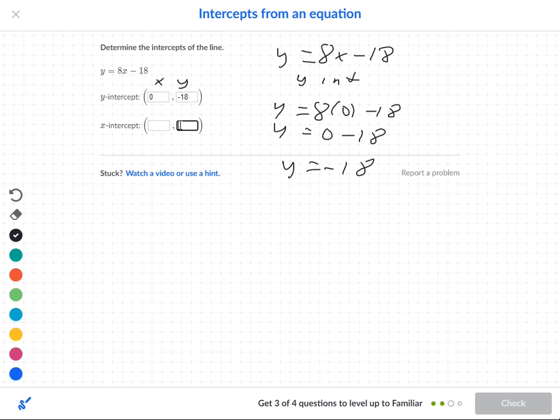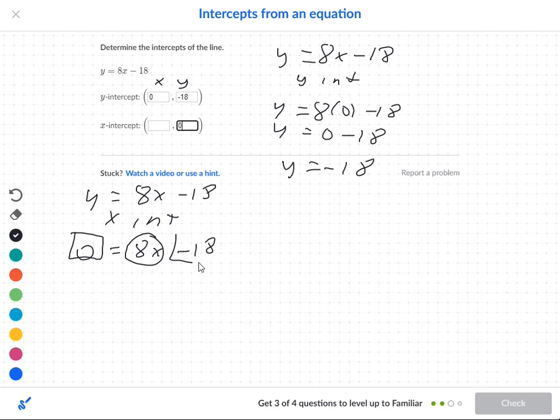Okay, next I want to do my x-intercept. So I'm only talking about the x, so the y itself will become 0. So I'm going to use the same equation: y is equal to 8x minus 18. This time we're doing the x-intercept. So the y itself will become 0. So we have 8x minus 18. Box our numbers, circle our letters, and box. We can add 18 to both sides.